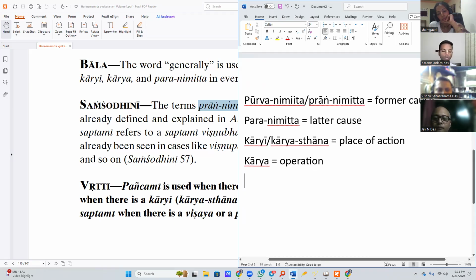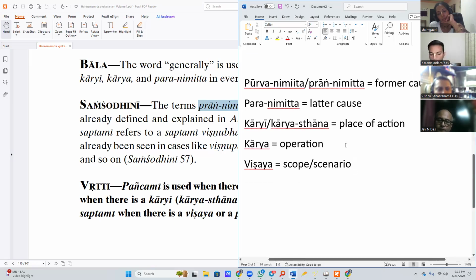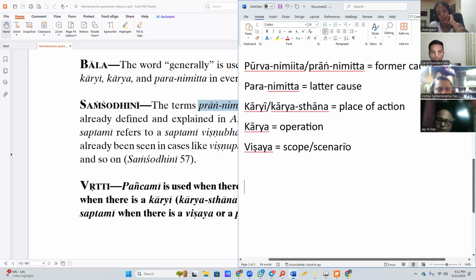And then there is also vishaya. Vishaya means a scope. If this is the scenario or this is the scope, then we'll do this. For example, let's discuss one sutra: Dashavatārād amshasor aramaharaha.